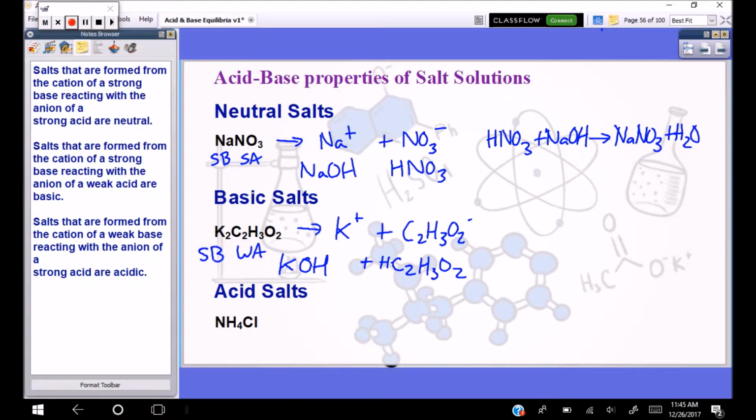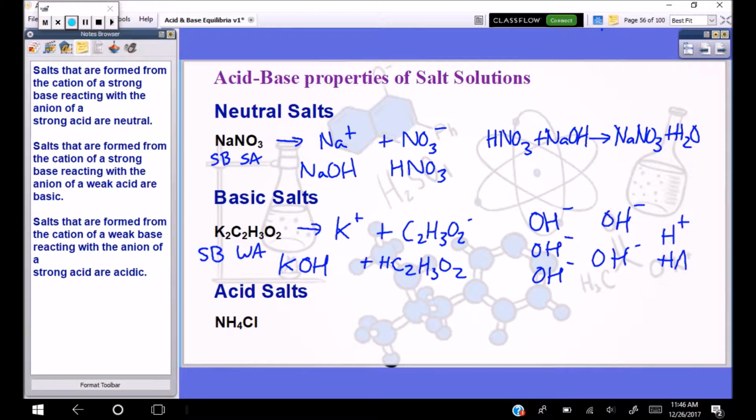And if we just think about that conceptually, why might this be basic? Well, if we have a strong base, strong is always going to win. We know that the strong base is going to completely dissociate, but that weak acid's not really going to dissociate as much. So you'll end up with a situation where you could have basically all of this OH- hanging out here, and regardless of concentration, you might only have a few H+.